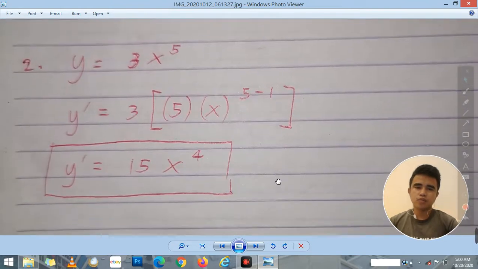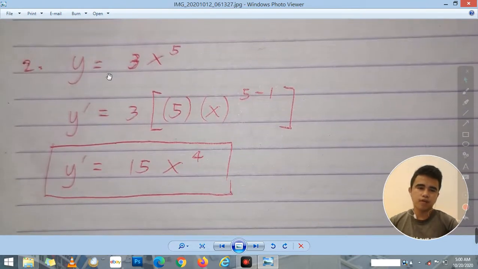Then number 2, we have this function y equals 3x raised to 5. This belongs to the derivative of a constant multiplied by a function. We can separate our constant from our function, and we can derive separately our function x raised to 5.